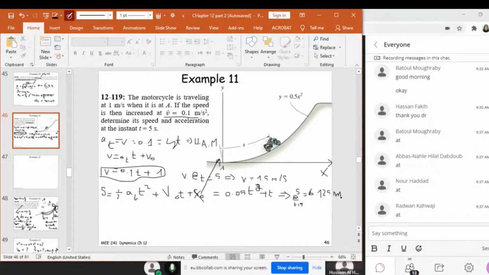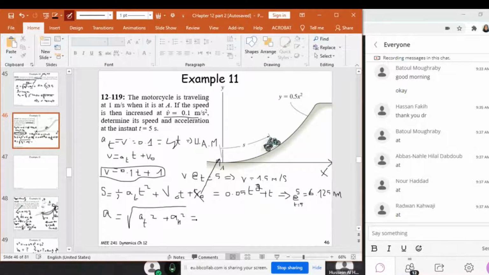All right, but this is not the question. The question is to find also the acceleration at t equal to 5 seconds. How can I find the acceleration? a, in fact, is equal to the square root of a_t squared plus a_n squared.